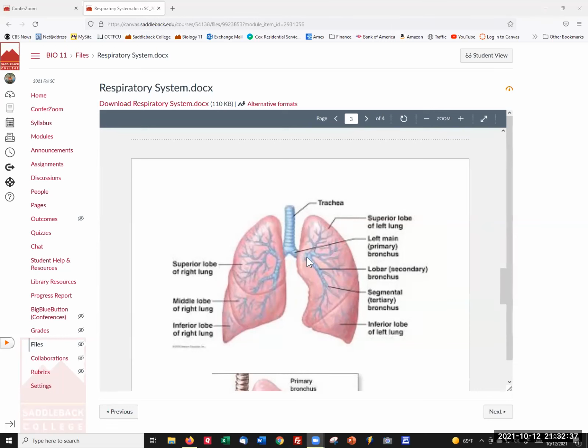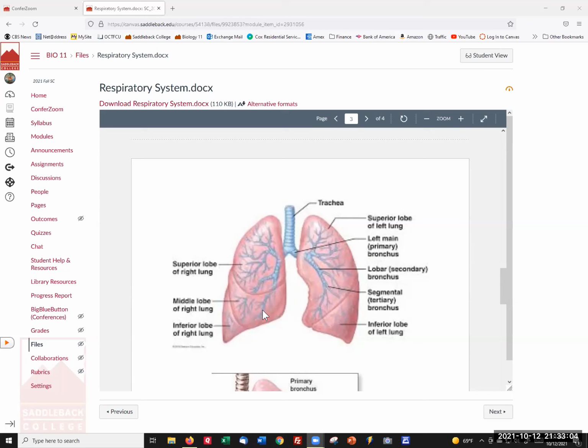This is a secondary bronchus, also known as a lobar bronchus. Secondary bronchus is a lobar bronchus because it goes to one lobe. A split coming off of it will go to the next lobe, and that's another lobar bronchus.